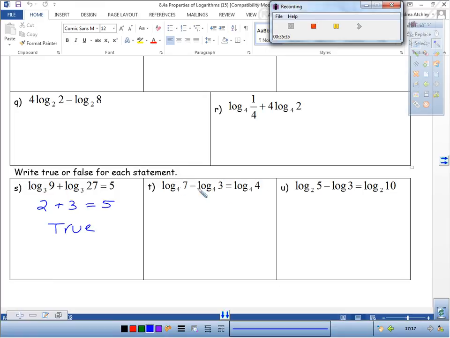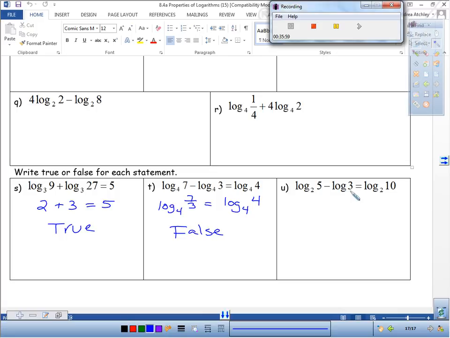How about this one? This would be the log base 4 of 7 over 3. Is that the same as the log base 4 of 4? No. So this is false. Okay, this one's tricky because this is log base 2 of 5.